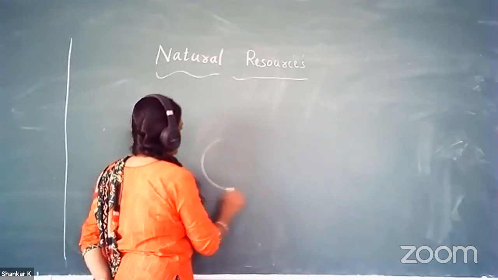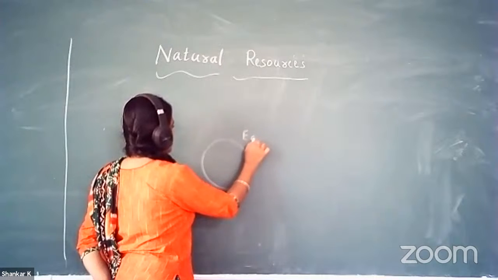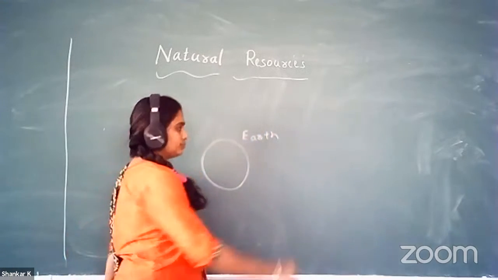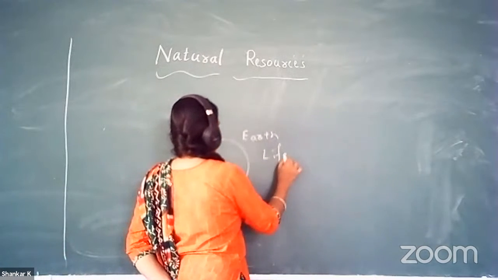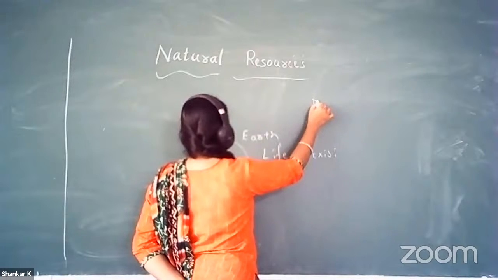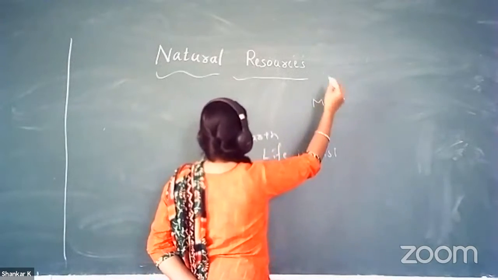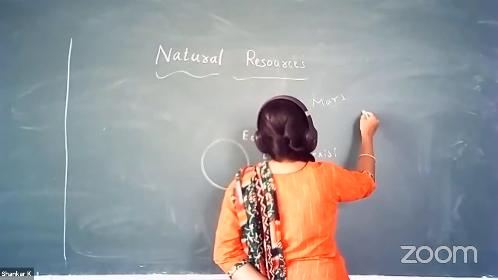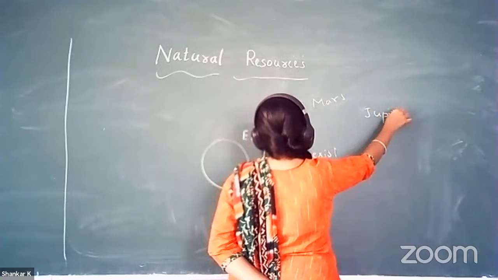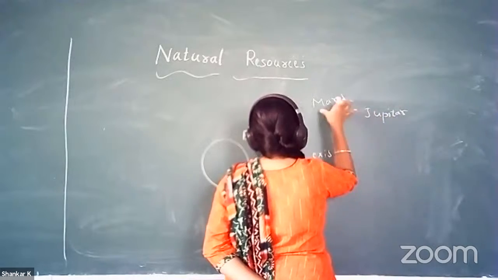Why it is only on the Earth the life exists? Why can't in Mars? Mars is also a planet. Why can't in Jupiter? Some planets are there. So why we are not living in these planets?